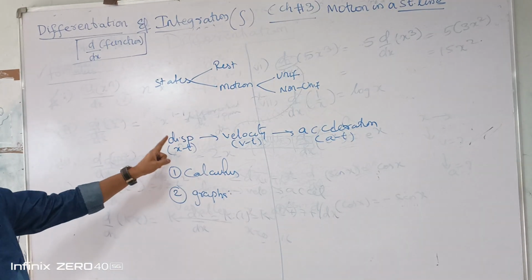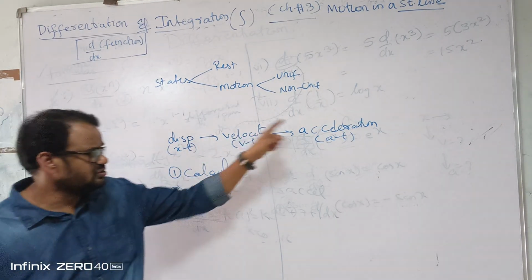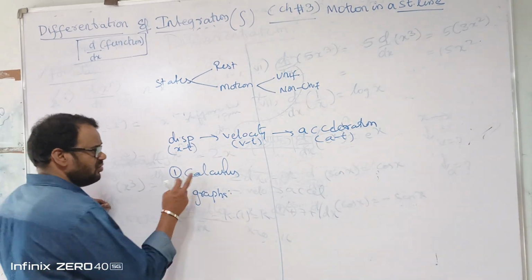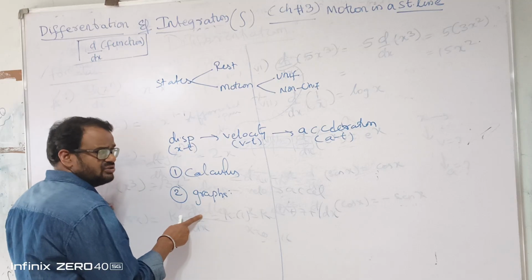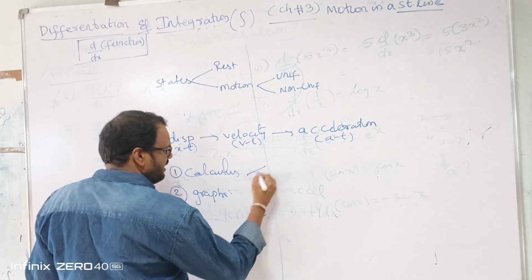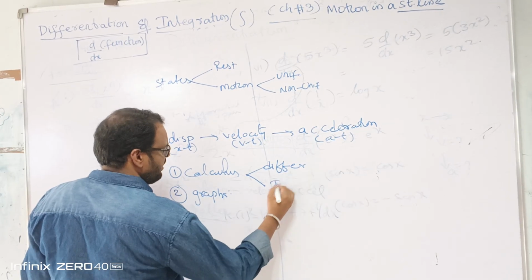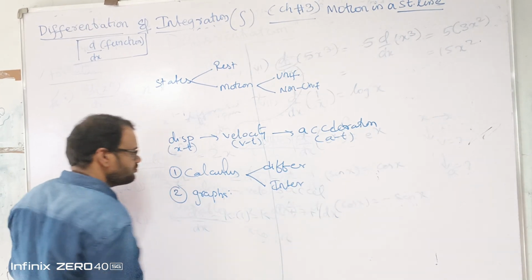You can convert from one to the other, using either of these two processes. And what are the two processes? One is the calculus method, the other is the graphical method. In the calculus method, there are two things: differentiation and integration.